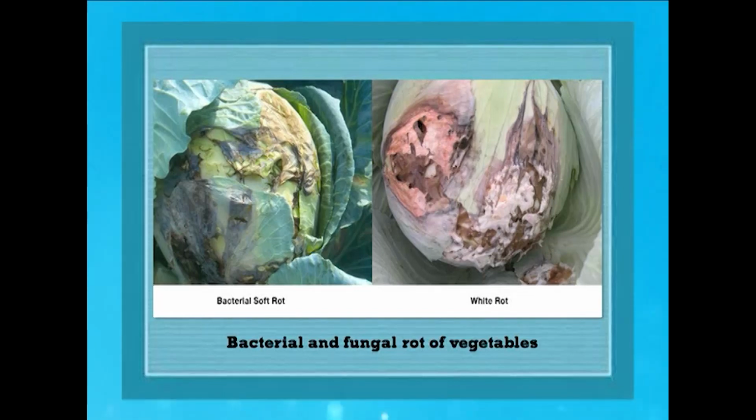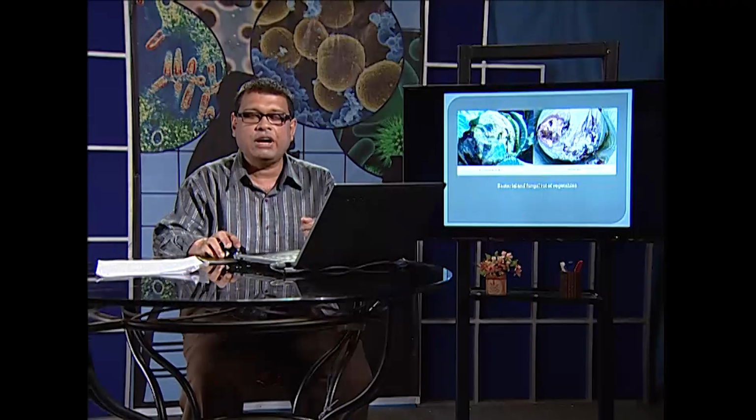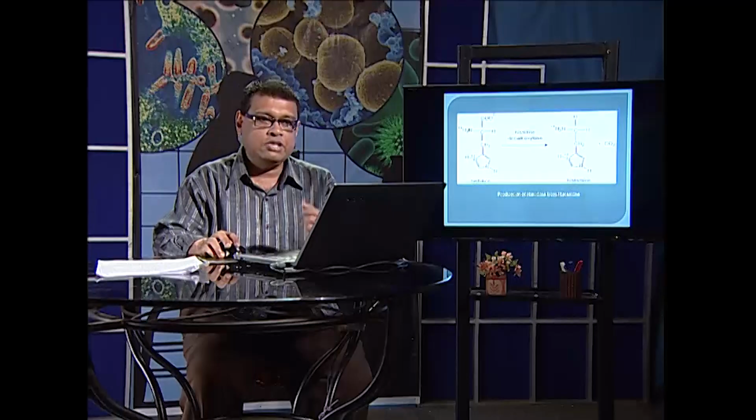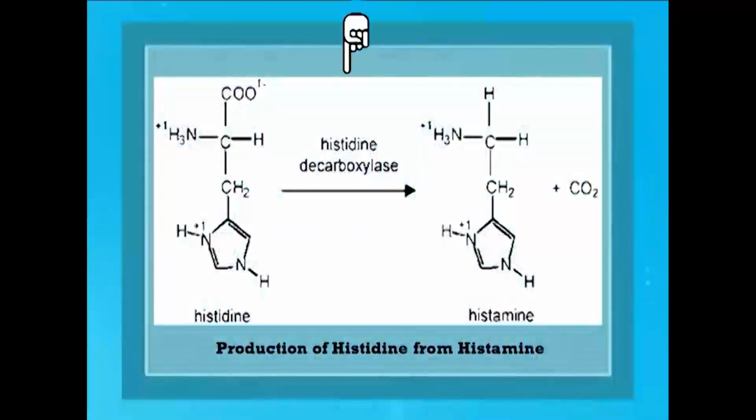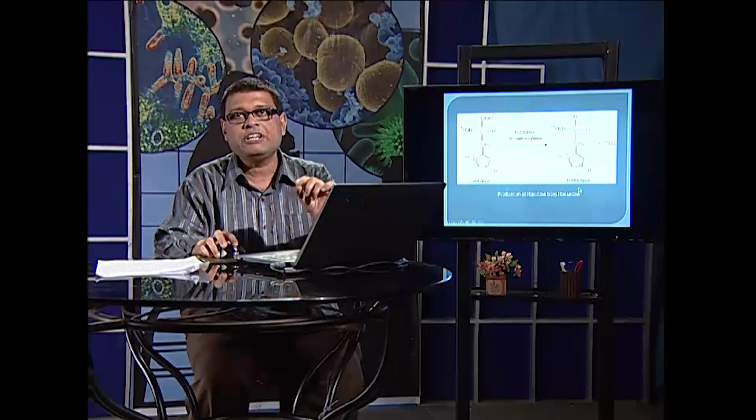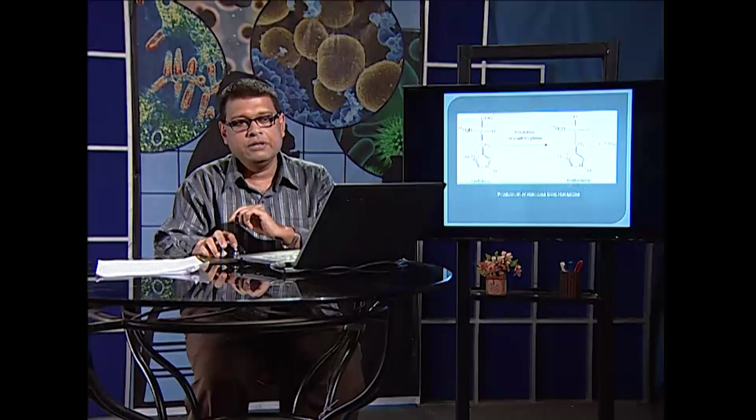So this rotten change in the vegetable is also a textural change in the food item. Or sometimes it may show some modification. For example, histidine is a particular amino acid which produces histamine, which may cause allergy. So a degraded food may contain components for allergic reaction in the human body.